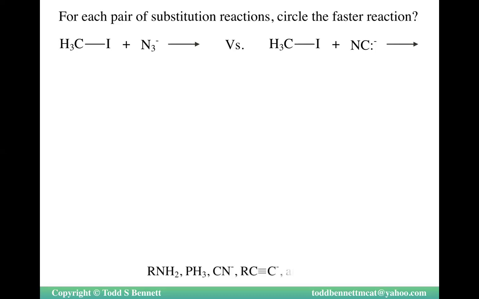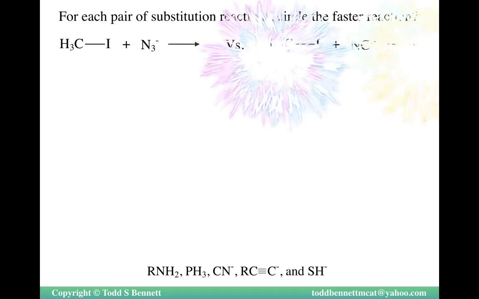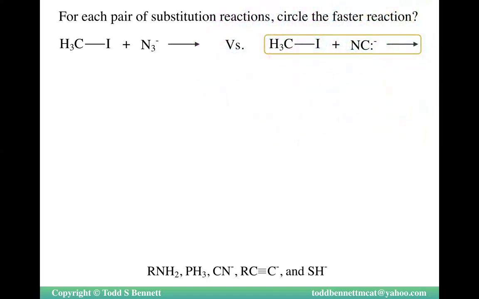But if you know your five, your alkylamine, your phosphine, cyano, deprotonated alkyne, and your thiols, or deprotonated thiols, are just your best nucleophiles. So in this case, CN minus, that's your winner. So this is rote memorization.